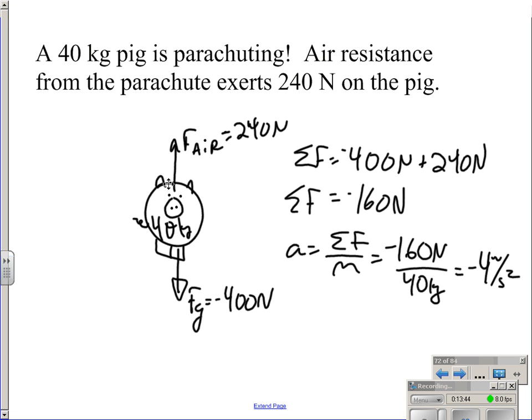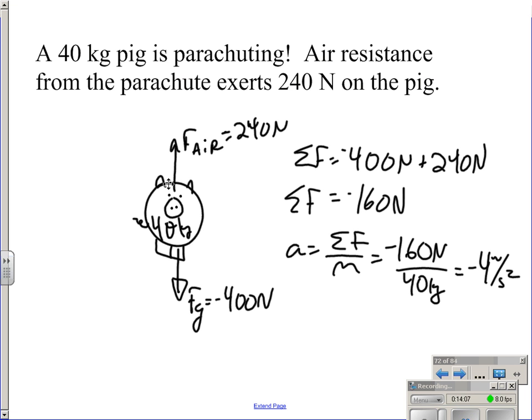The big thing I want you to notice here is if there wasn't air resistance, the pig's acceleration would be negative 10 meters a second squared, right? Because he'd be in free fall. So what's happening is the air resistance is giving the pig a smaller acceleration than gravity would, or technically less negative, right? So he is still falling down, just not as quickly as he would be if there wasn't air resistance.